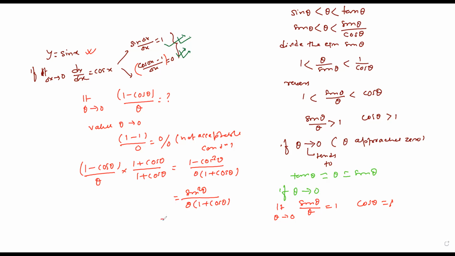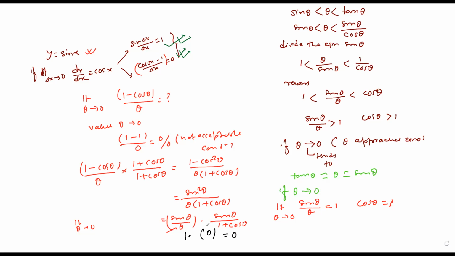Now if we just write it like sin theta by theta dot sin theta by (1 plus cos theta), now if limit theta tends to 0, then this particular value will be 1, this particular value will be 0, so it will be 0. Okay, so this is the way that we have proved the entire thing.